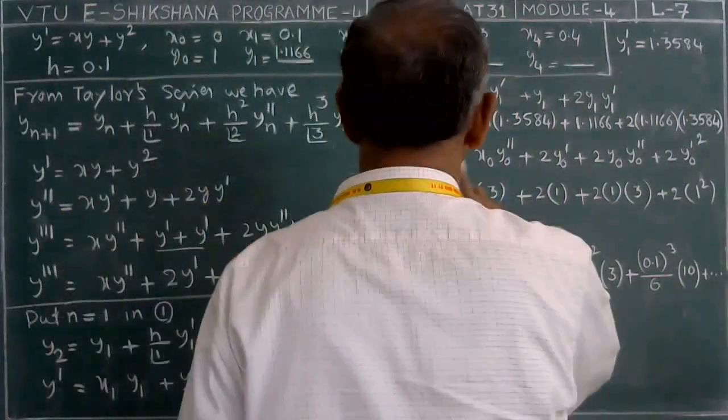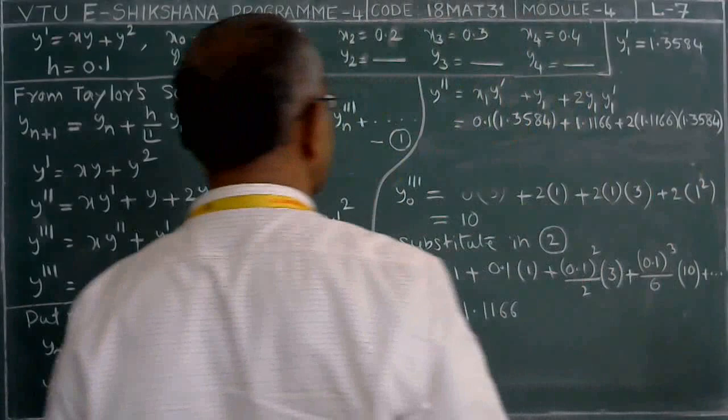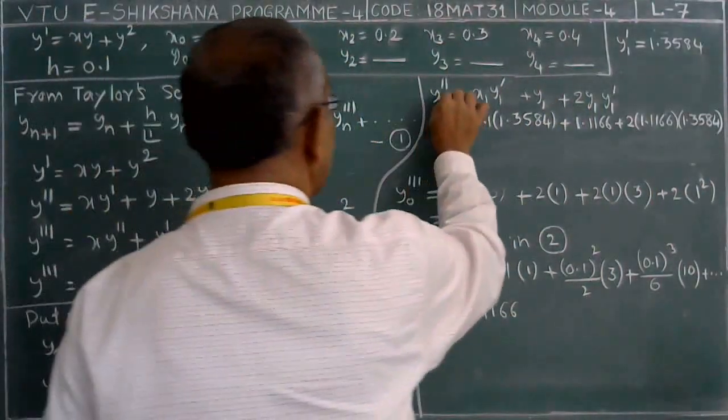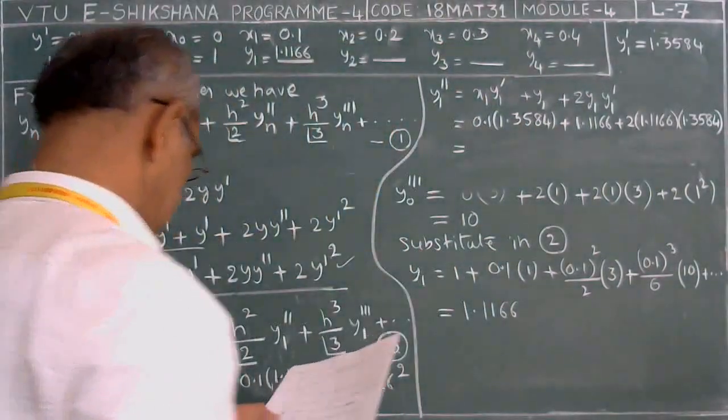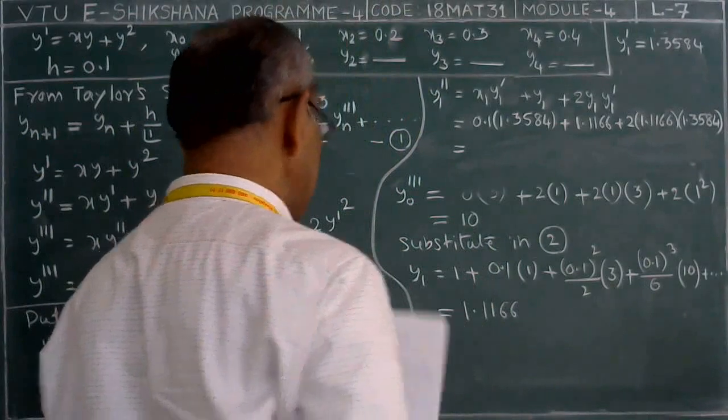So if you compute using a calculator, you get y1 double dash is equal to 4.2860.